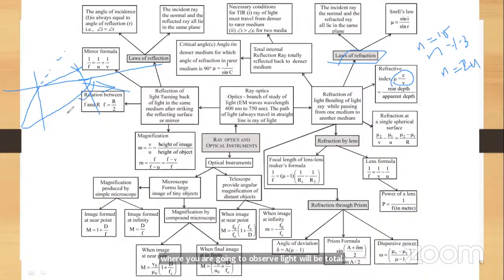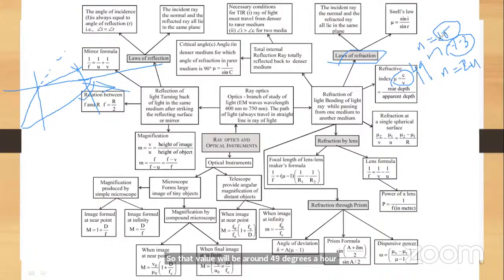This angle we call the critical angle. The critical angle varies from one medium to another, so remember that also. For water, the value will be around 49 degrees.